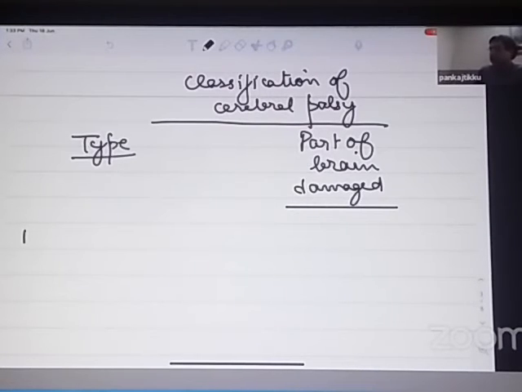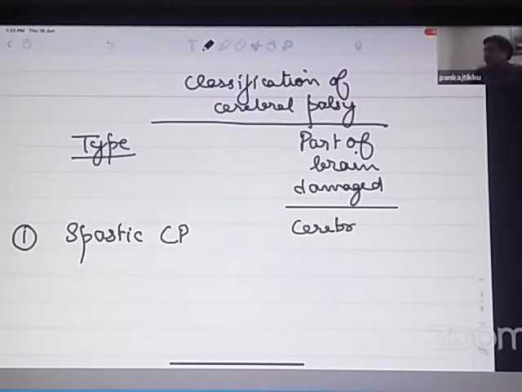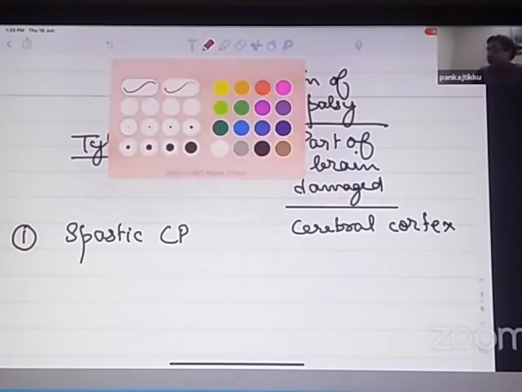The first type of cerebral palsy, which is probably the most common, is known as spastic cerebral palsy. It usually occurs because of damage to the cerebral cortex. This also happens to be overall the most common type of cerebral palsy.